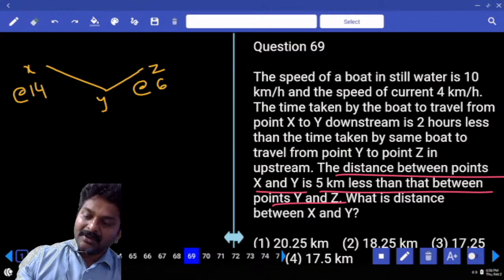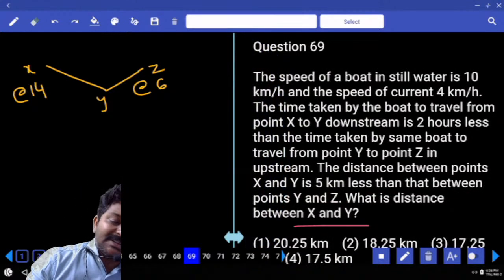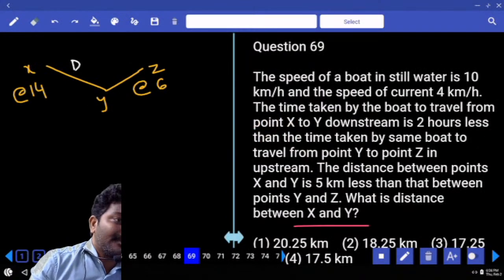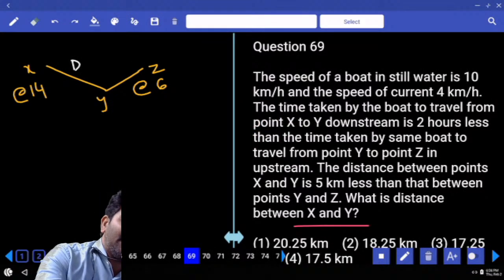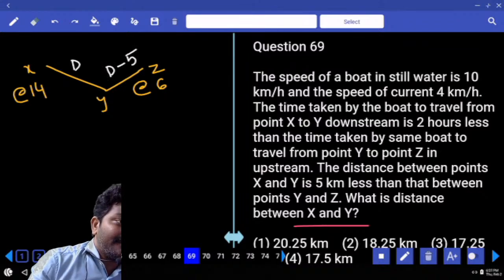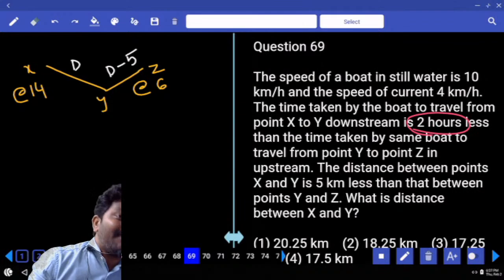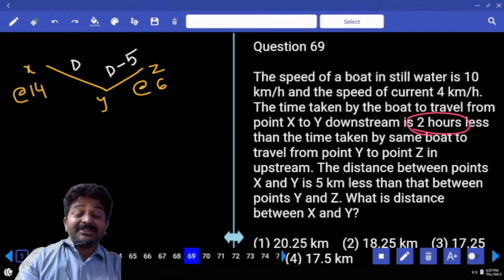Okay. So now, as the question is about distance from X to Y, I will treat it as distance D. Then Y to Z is 5 kilometers more, D plus 5. We were given 2 hours data. What is this time difference? Time difference only. In which direction it is taking more time, down or up?